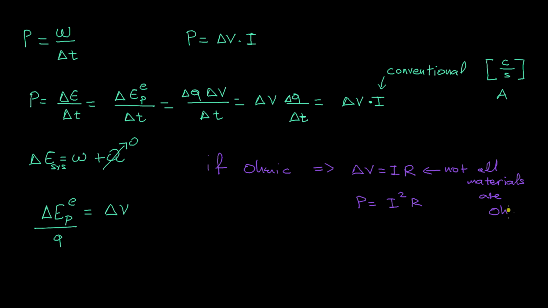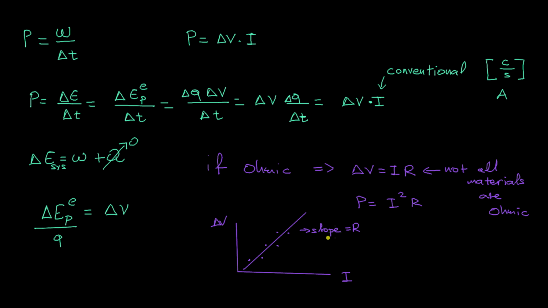Let's say this is I and this is your delta V. If you have an object that's made from an ohmic material, you do measurements at different delta V, see what current you get, and you will find the slope of this to be your resistance.